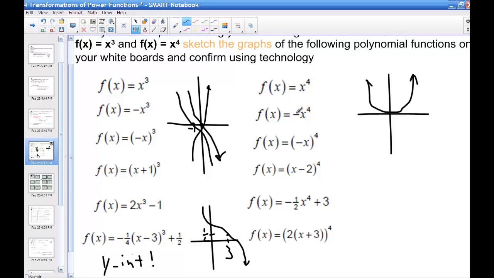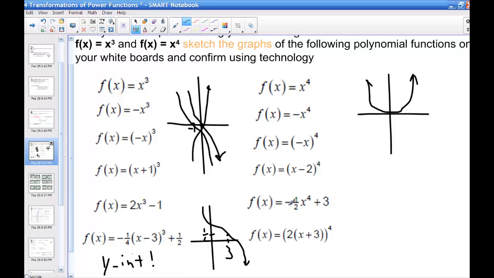it stays negative because you're not in brackets. Here it is positive because you are in brackets. You'll be reflected in this case over the x, moving 2 to the right because of the negative. And here you are vertically compressed by 1/2.